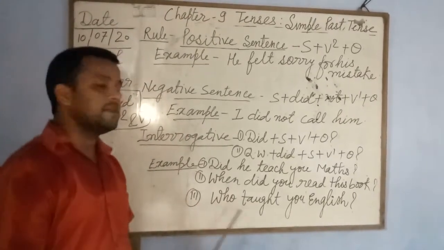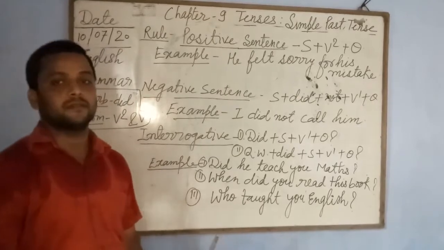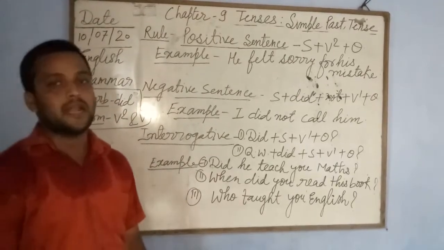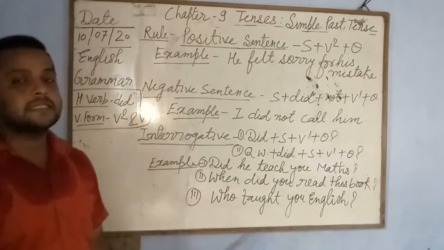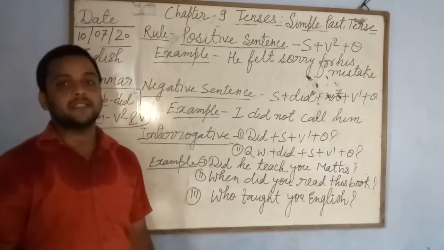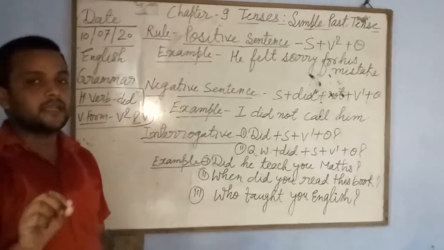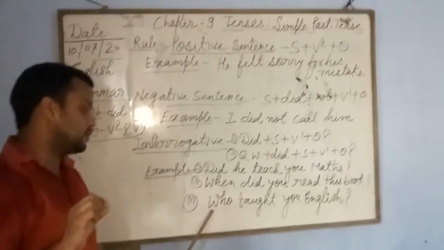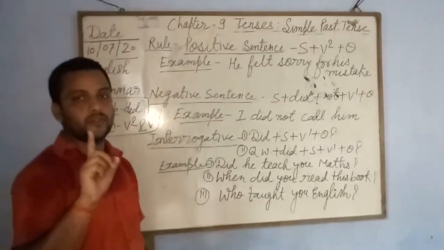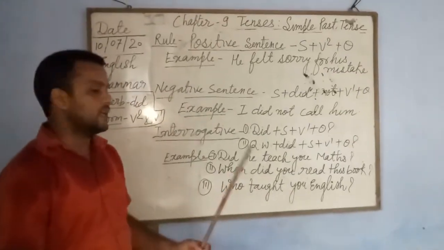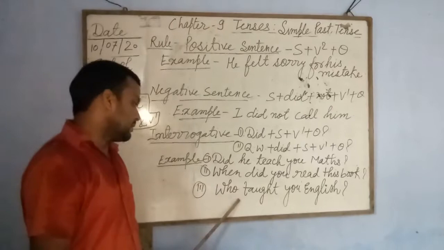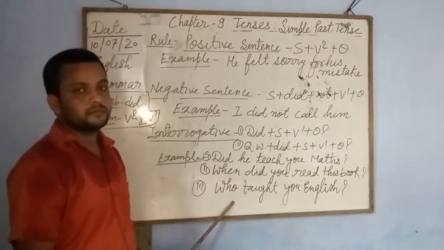When the sentence is interrogative and negative, then we use who did not, and in that condition verb first form. But when the sentence is only interrogative and it begins with the question word who, only the one question word who, this exception is only with who.